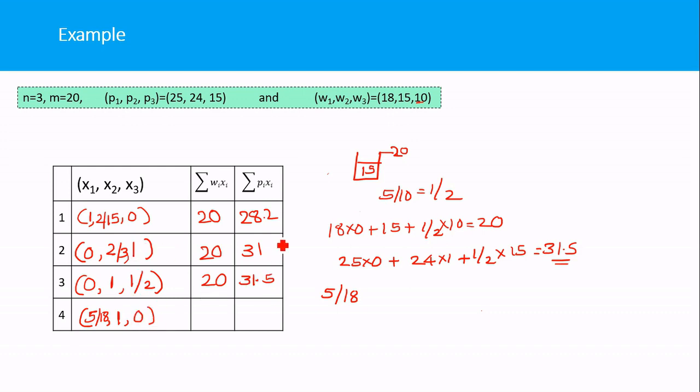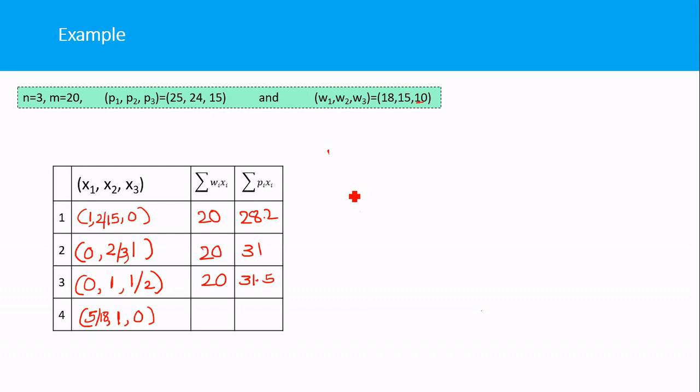Now let us compute the total weight and profit earned. The total weight will be 18 into 5 by 18 plus 15 into 1 plus 10 into 0, which is equal to 20. So sigma of WiXi is 20. The bag is completely filled.